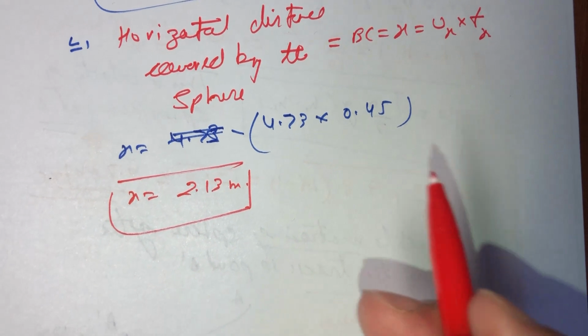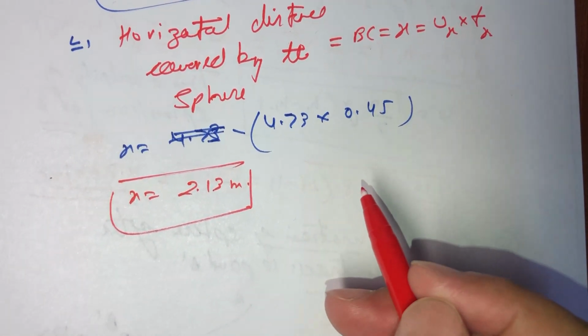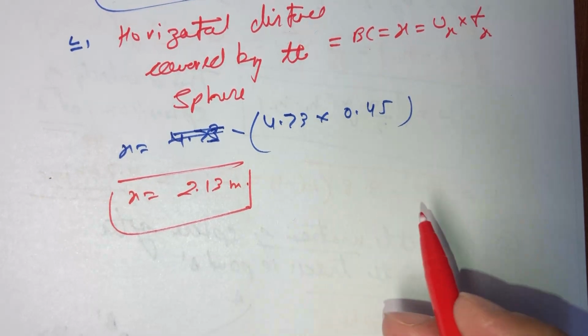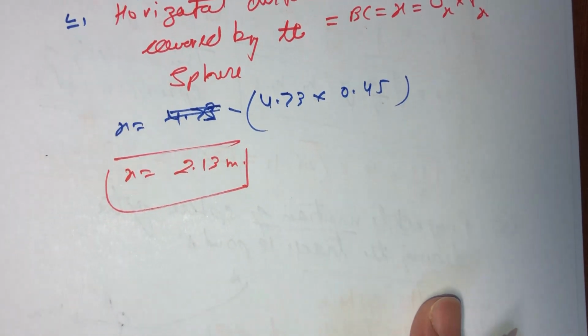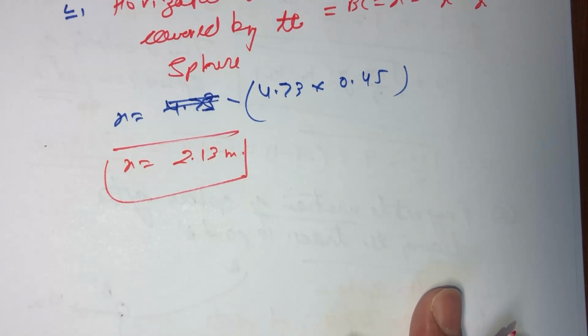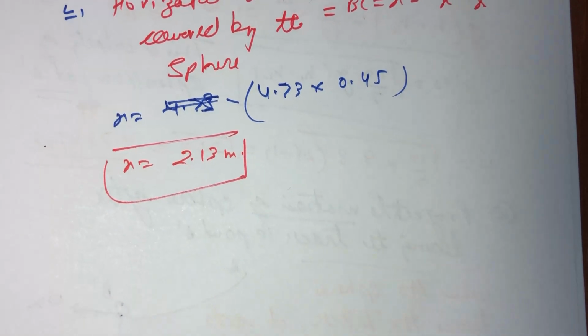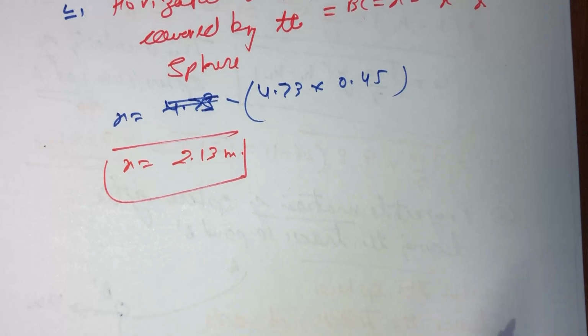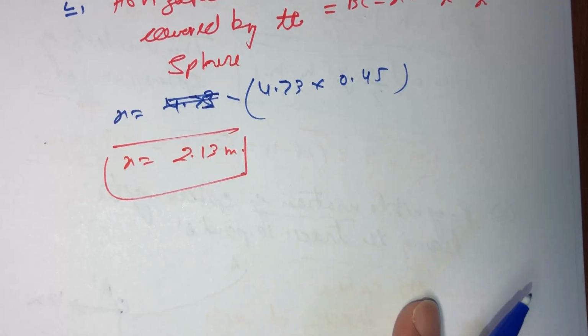So this is the distance on the ground with respect to point B, where the sphere is going to land. And in the second part, or rather the third part, it is asked whether it is going to rotate about its center of mass.